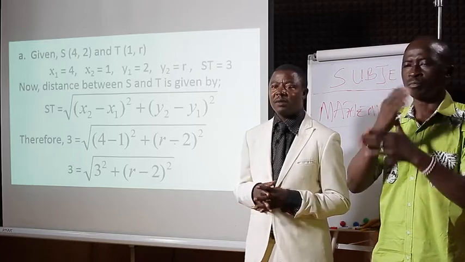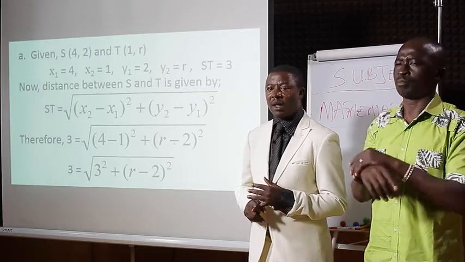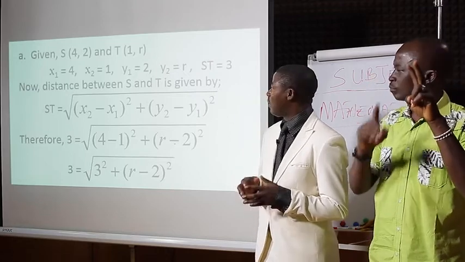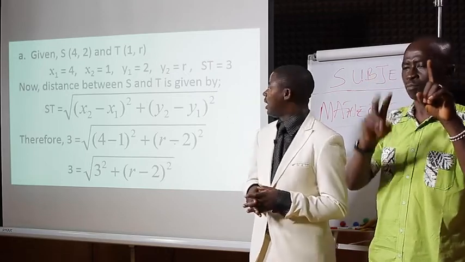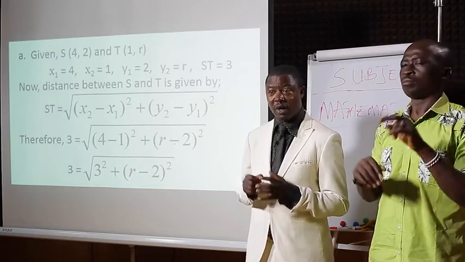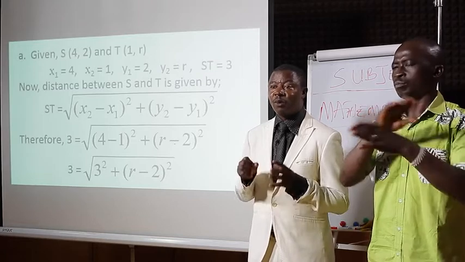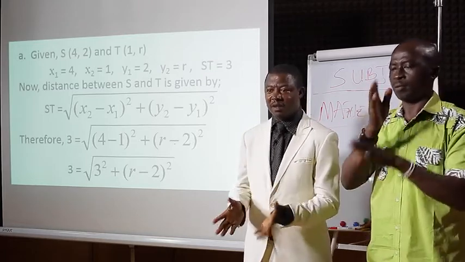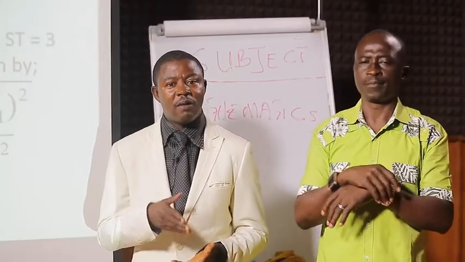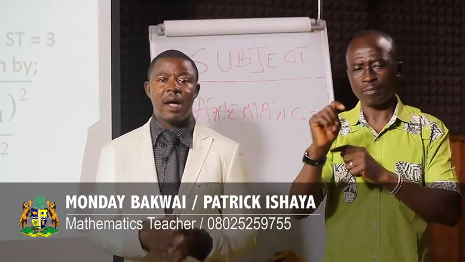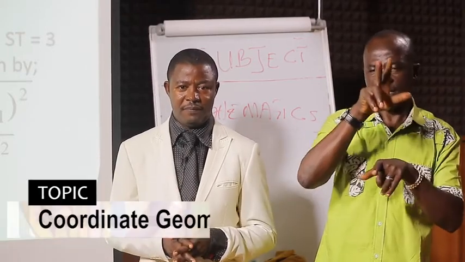From the question given, we have x1 as 4, x2 as 1, y1 as 2, and then y2 as R, which is the unknown. But the good news is that the length of line ST is given as 3 units.